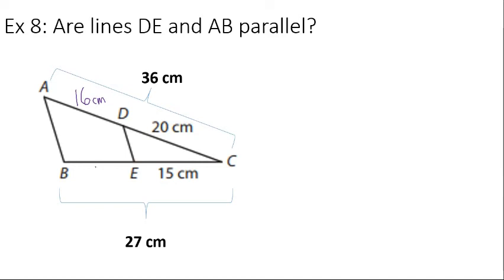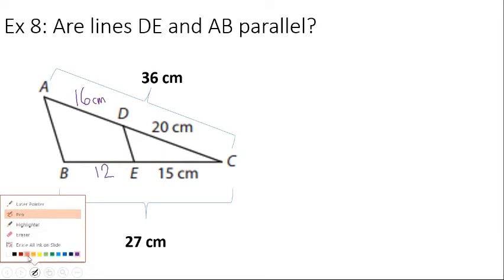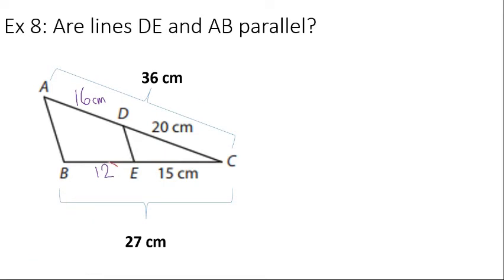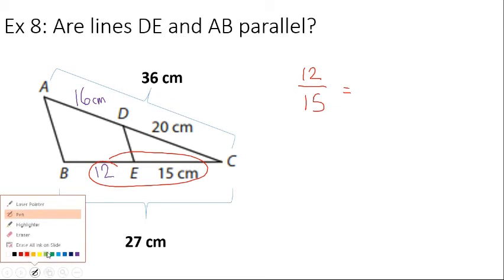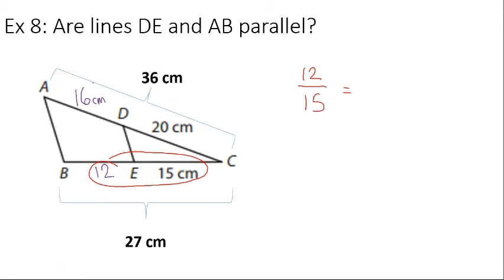That's going to give me 12 right there. Okay, so now when I set up my proportion, I'll start with these two right here. I'm going to take 12 over 15 equals, over here I take 16 over 20.